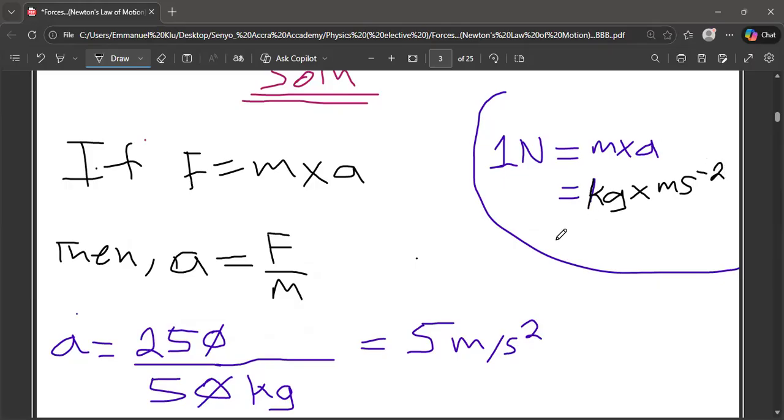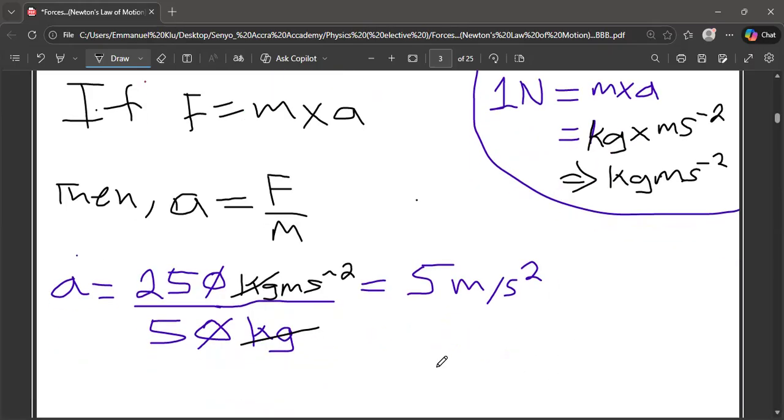So at the end of the day, you realize that our unit for the Newton itself is kg meters per second squared. If you put that over here, kg meters per second squared, the kg will take care of the kg. So you are left with meters per second squared.